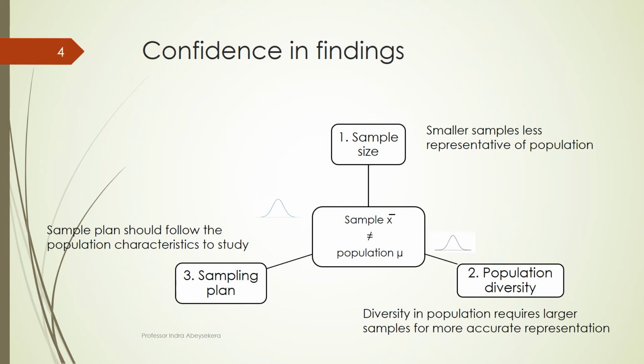Smaller sample size, higher population diversity, inappropriate sampling plans increase the error of the sample mean or the standard error of the mean, and expressing the population mean within which the estimated sample mean can lie requires a wider range, a wider confidence interval, so that we can say that the sample mean lies within that wider confidence interval to represent the population mean.